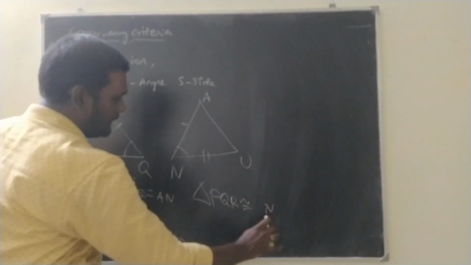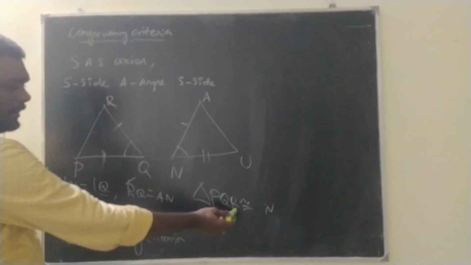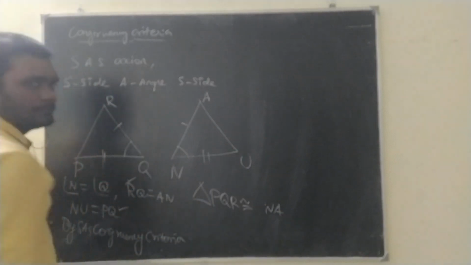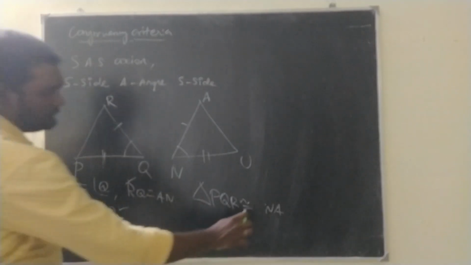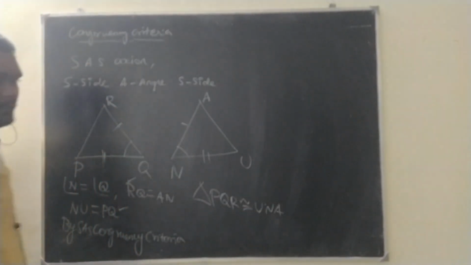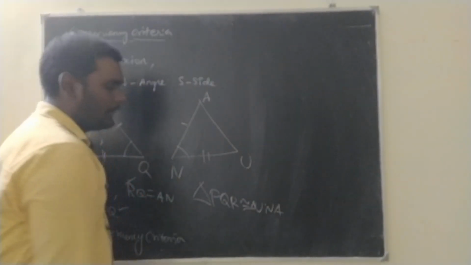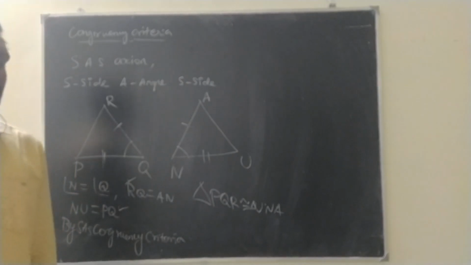So, N comes here, and based on this RQ means AN will come, and NU means PQ will come. So, UNA. The triangle PQR is congruent to triangle UNA. Okay.